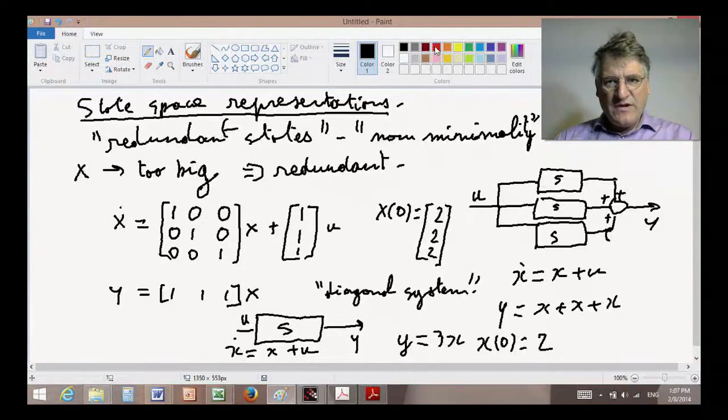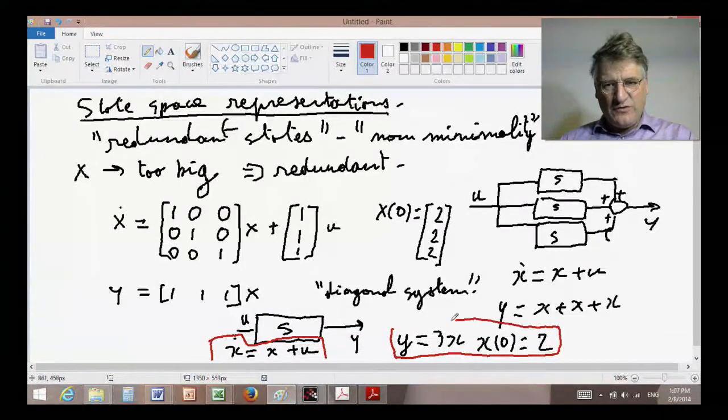Therefore, the following system, x dot equals x plus u, y is equal to 3x, and x of 0 is equal to 2, gives exactly the same answer as that system. Here the state has dimension 1, there the state has dimension 3.